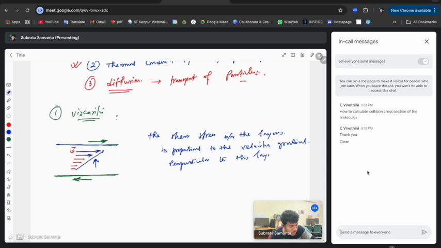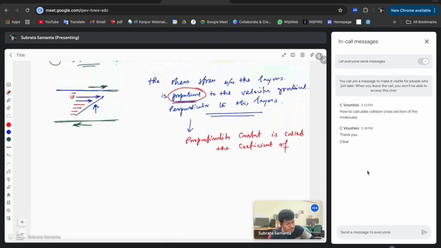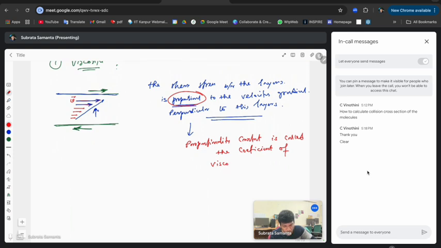So that proportionality constant is called the coefficient of viscosity.